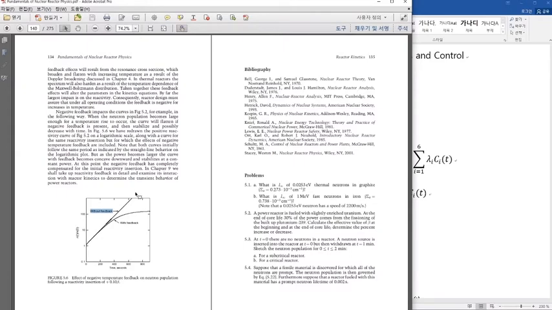That increased temperature will provide negative reactivity to the reactor.